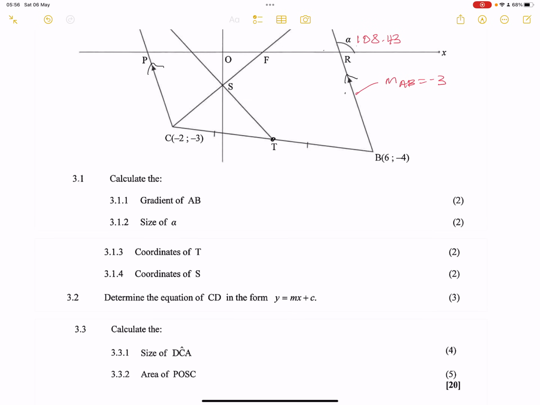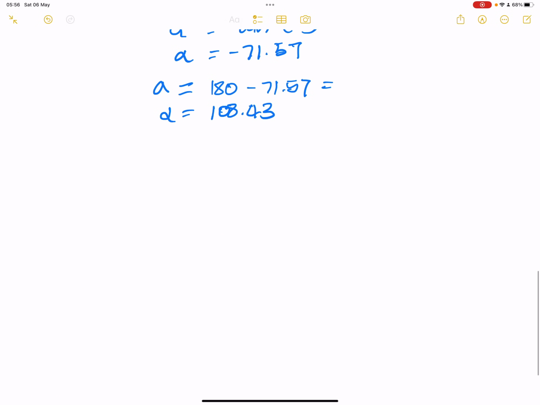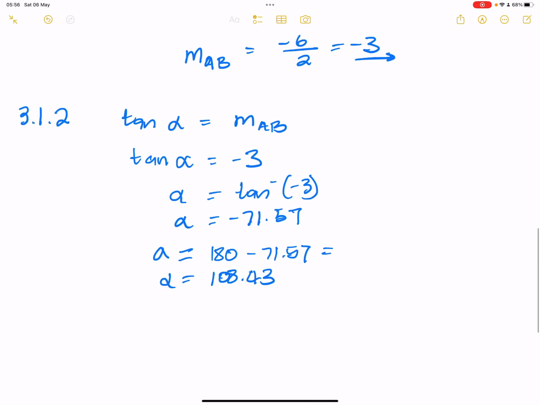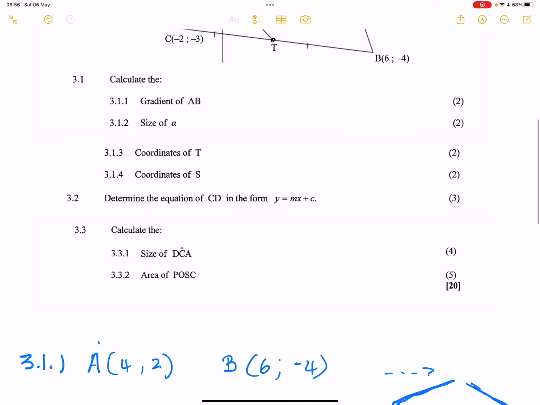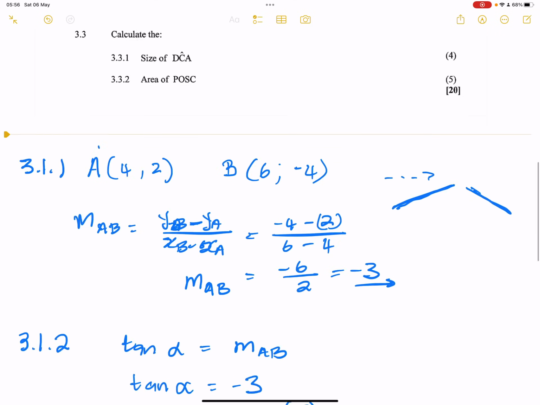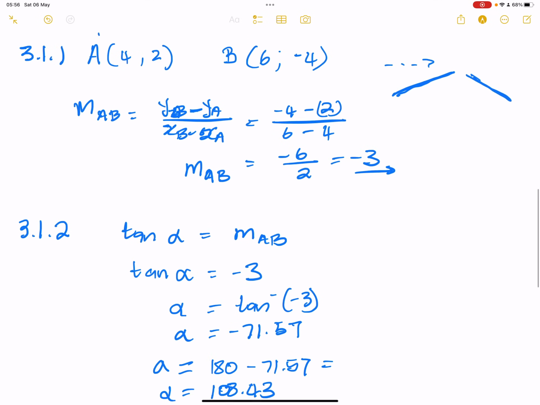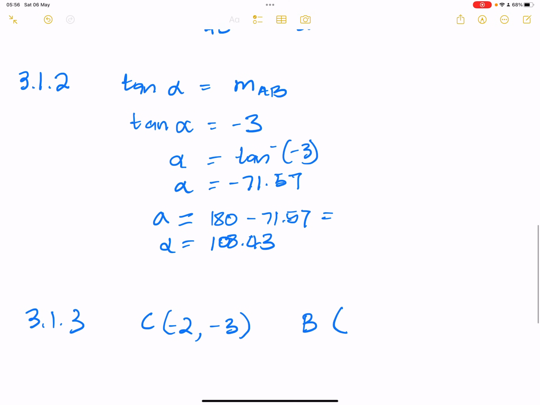We've got C, which is (-2, -3), and B, which is (6, -4).